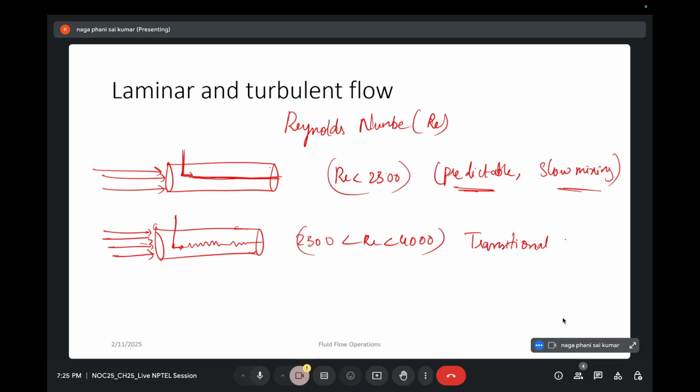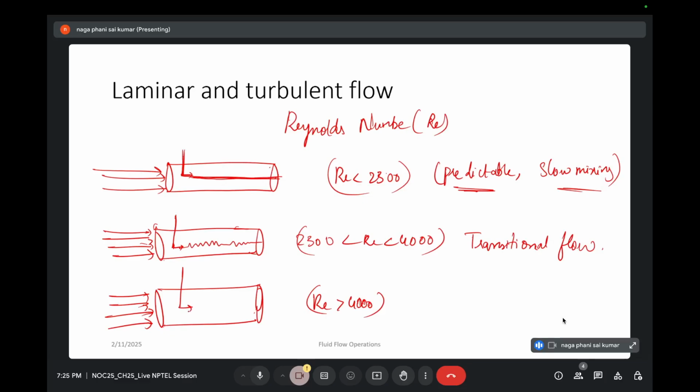And if you slightly increase the velocity a bit more, and the Reynolds number reaches beyond 4000, the mixing of dye will be very rapid. You cannot even predict the behavior.